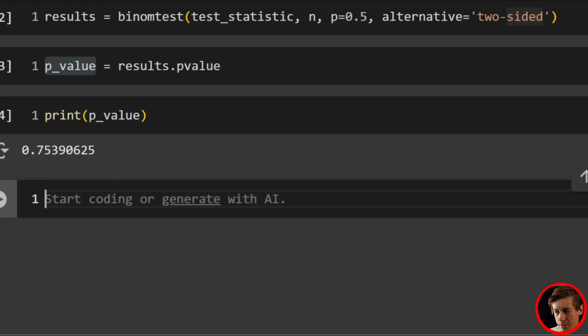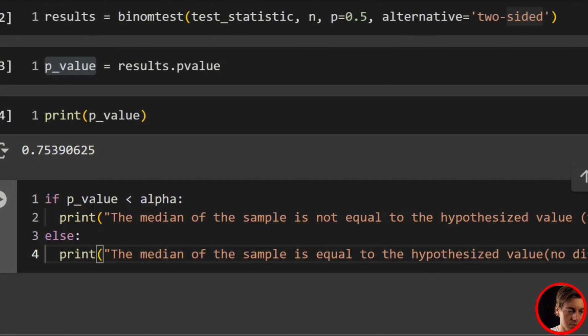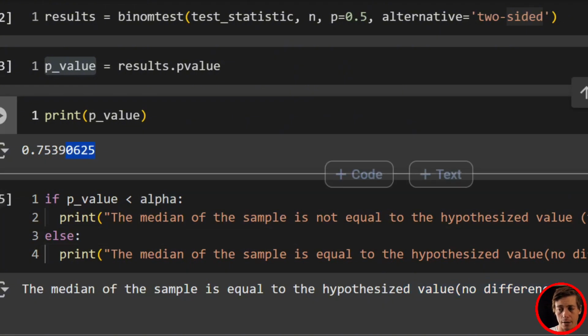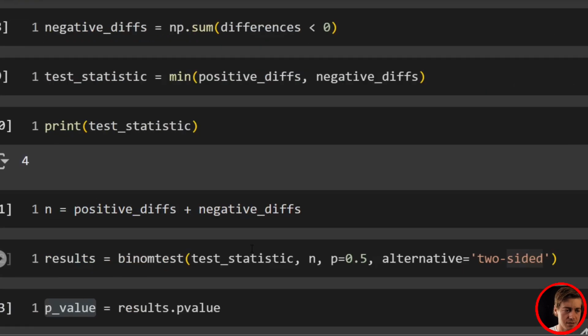And then I always like doing an if-else statement. Right. So if p-value is less than alpha, the median of the sample is not equal to the hypothesized value, else the median of the sample is equal to hypothesized value, no difference. And the median of the sample is equal to hypothesized value, no difference, because our p-value is much larger than 0.05. Okay. Hopefully this makes sense, right?